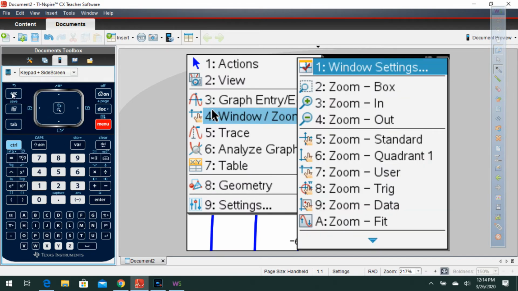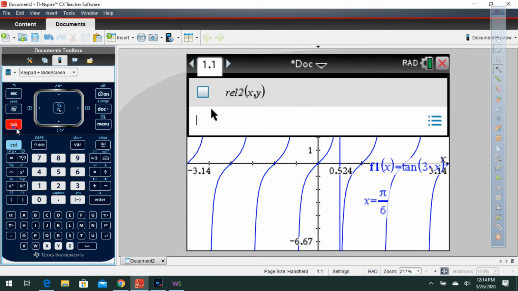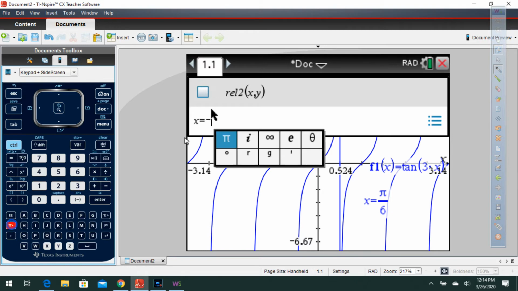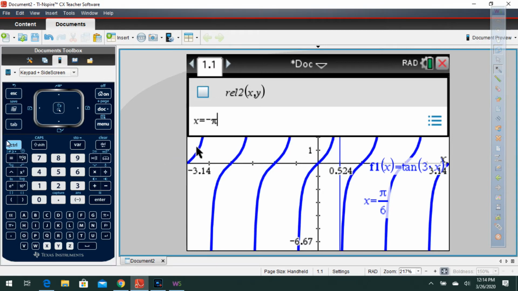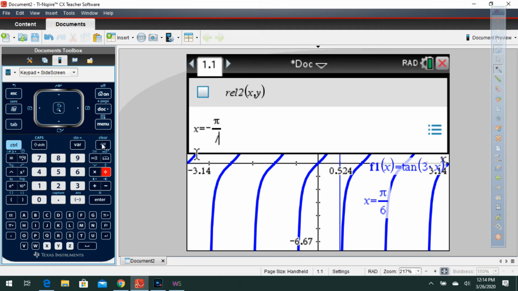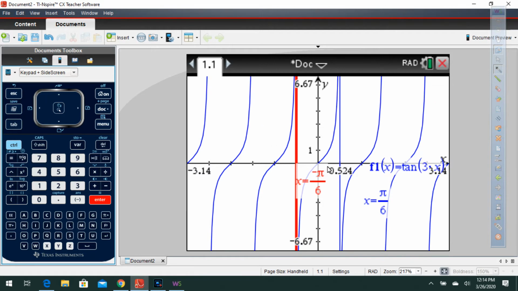Oh, let's hit tab, and we got x equals negative pi and we'll put a 6 in there. And then there you go. Okay.